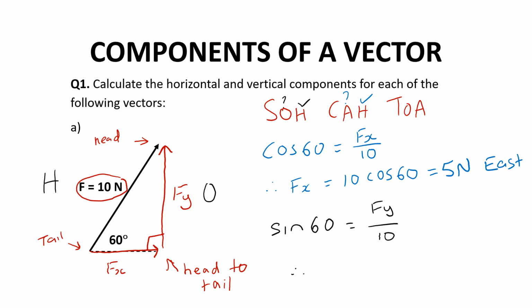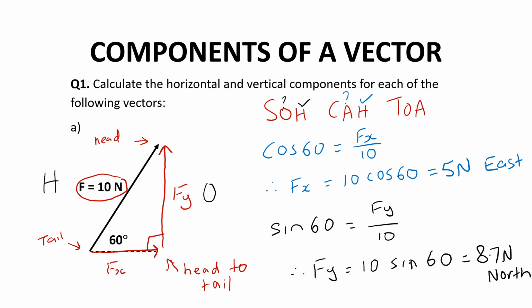Therefore Fy equals 10 times sine 60, which is 8.7 newtons, and we know Fy is acting upwards, so we can say north. So Fx equals 5 newtons east, the horizontal component, and the vertical component Fy equals 10 sine 60.